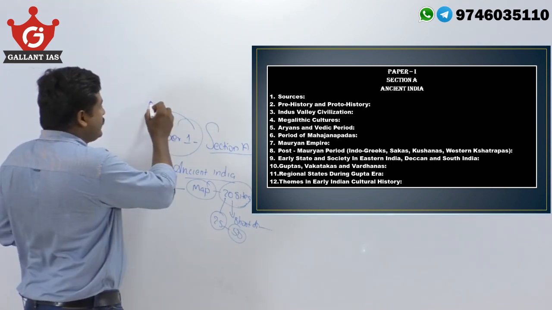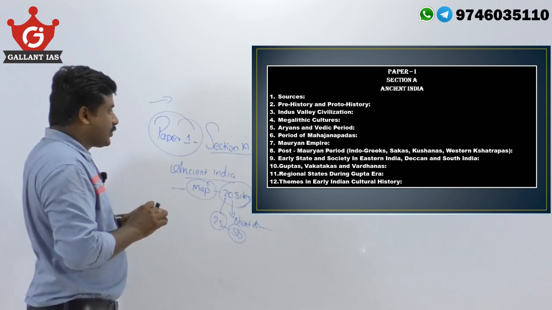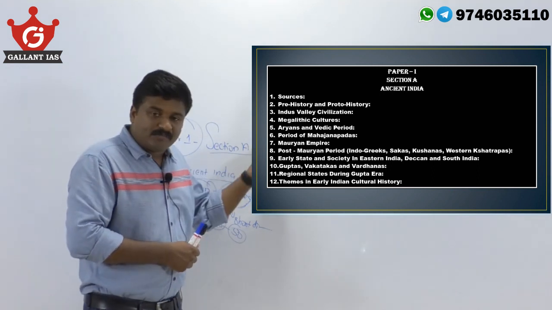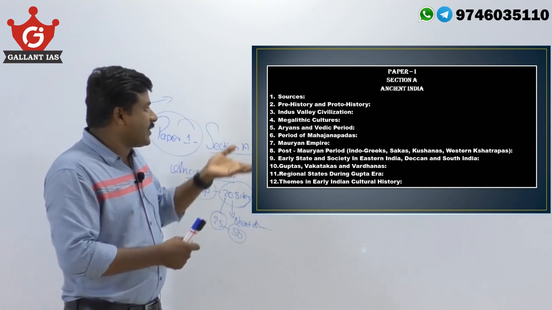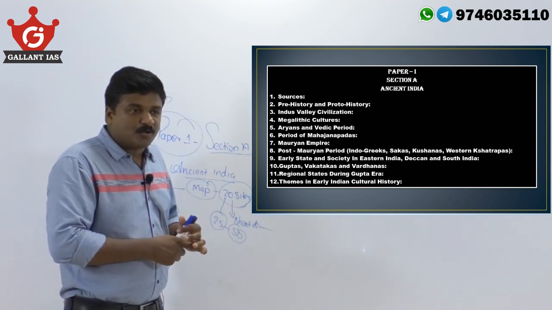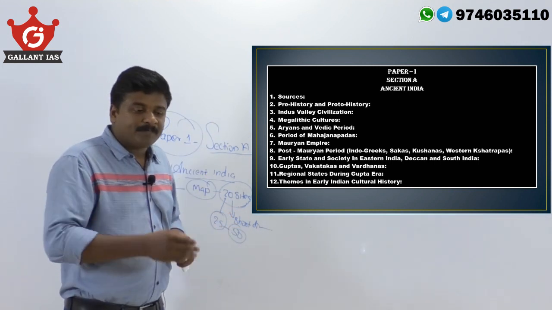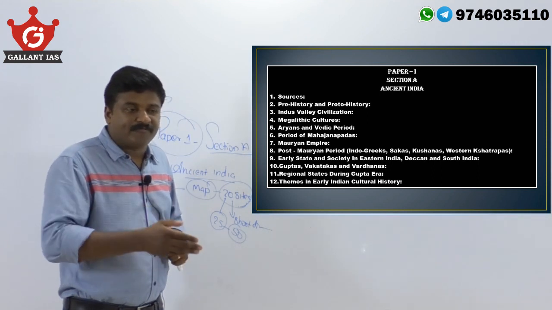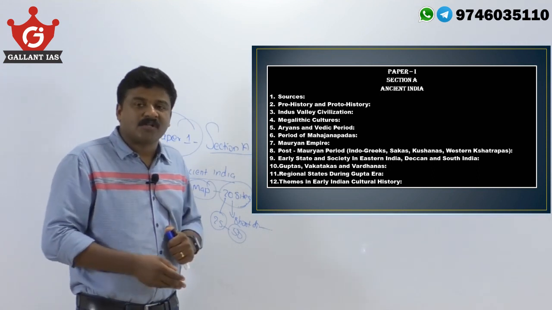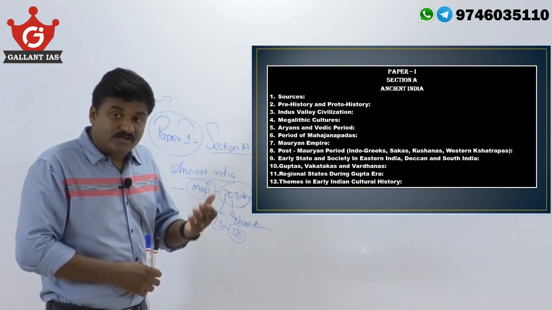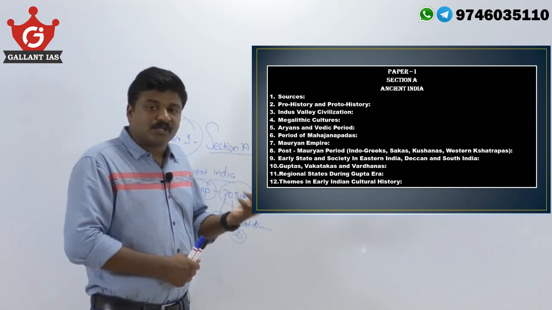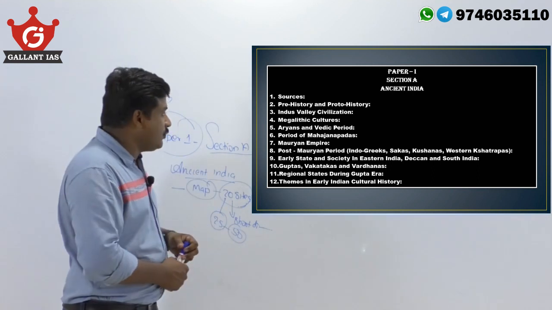And from the second question onwards, you will get the questions from this ancient India. Just to see the syllabus, the modules of ancient India: sources, different sources like inscriptional sources or numismatics, the study of the coinage, archaeological sources, literary sources, religious and secular literary sources, foreigners' accounts, different sources which are equally important for your prelims also.